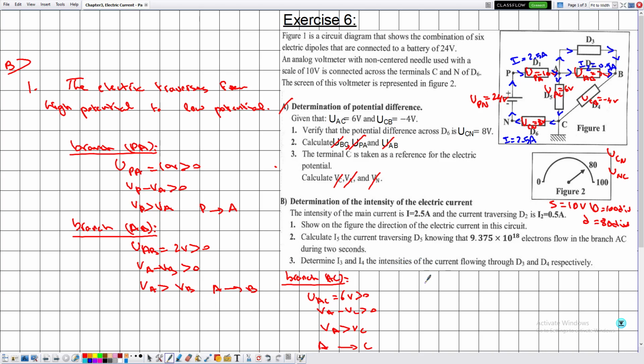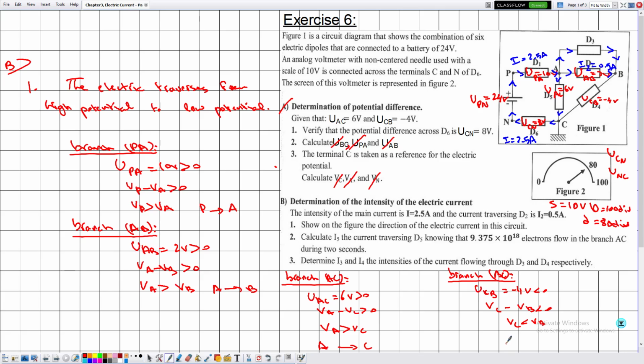Now as for the branch BC, notice that here UCB is negative, which means that VC minus VB is negative, which means that VC is less than VB.